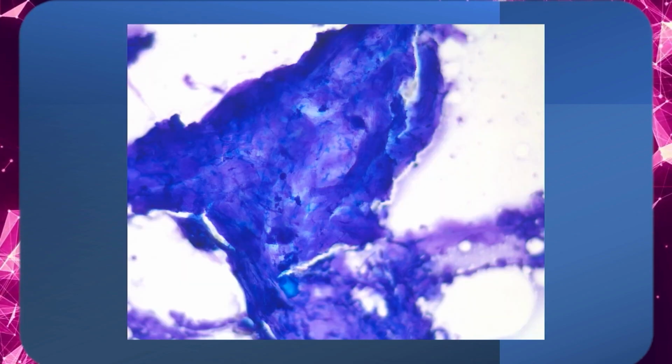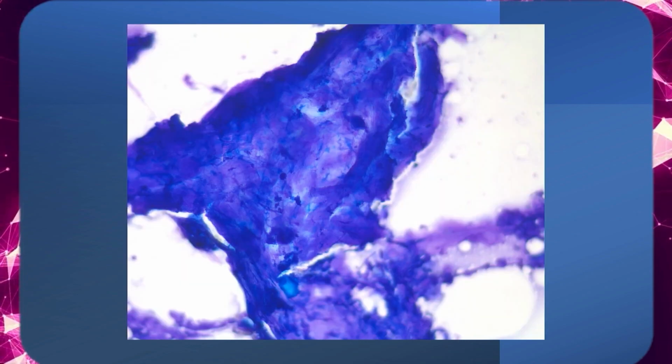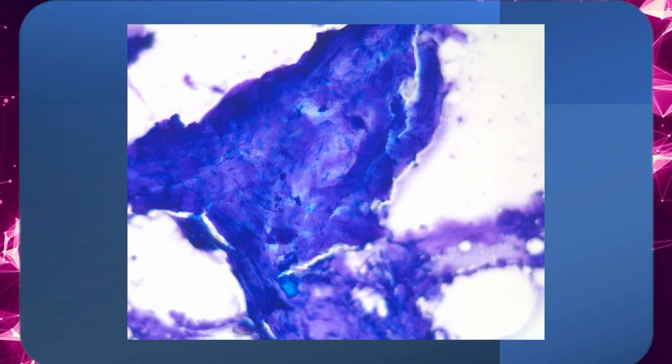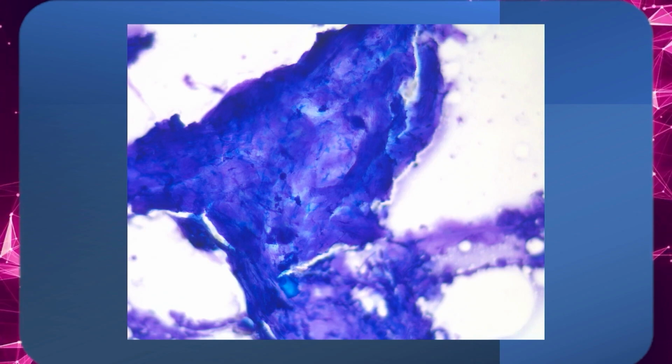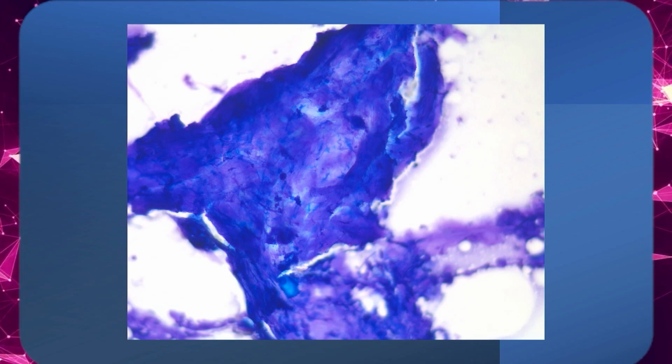There is definitely some cells suggesting adipose differentiation. There are epithelioid histiocytes as well. And there are some thick bundles of collagenized stroma, maybe desmoid looking.